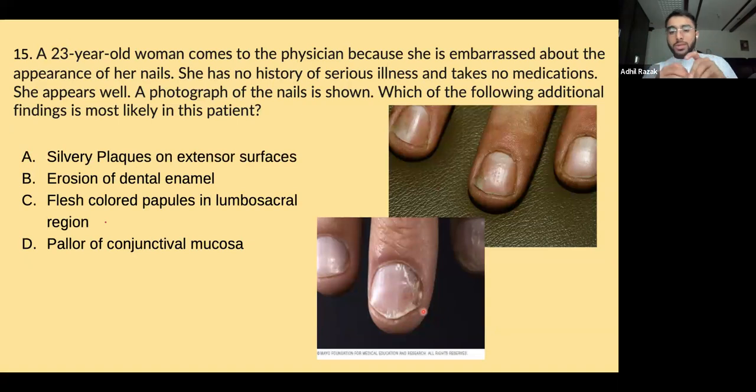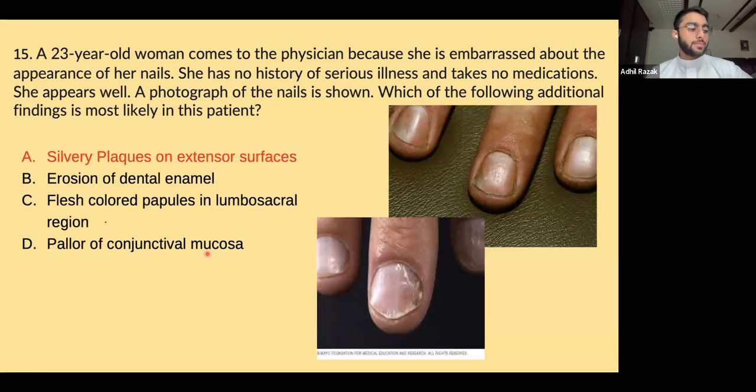When the nails start falling out, that's onycholysis. Onycho means nail, lysis means breakage or cutting out. So that's pretty much self-explanatory. Onycholysis, nail breakaway. And the picture above is nail pitting. You see these tiny dots on top of the nails? That's nail pitting. Both of these are very characteristic of psoriasis.